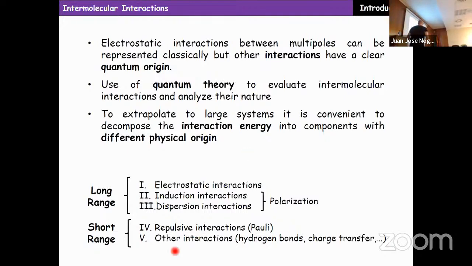Okay. Well, we have a classification here of this kind of interactions. First, we have the electrostatic interactions. These are my molecules or my fragments. I also prefer to talk about fragments rather than molecules. Why? Because maybe I'm interested in studying the interaction between an ion or a cation with all the water molecules.